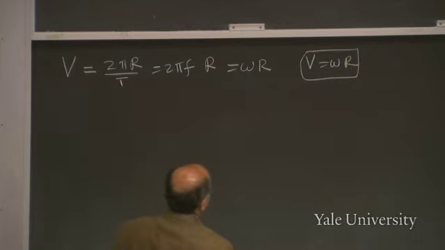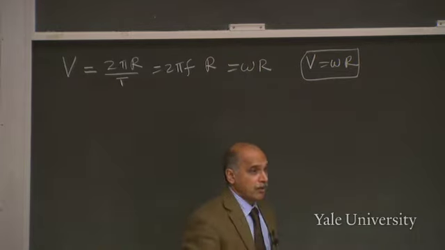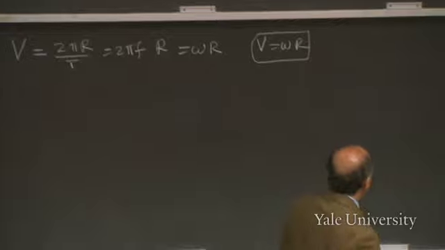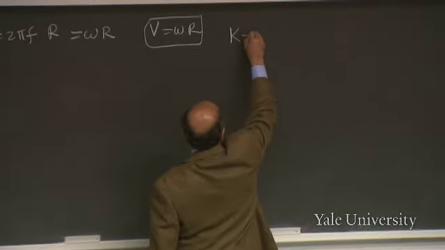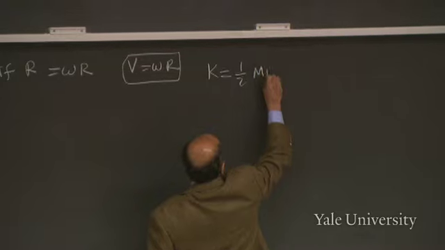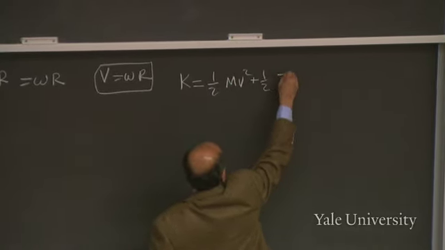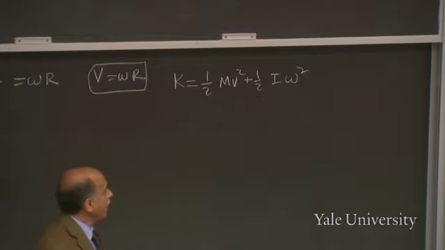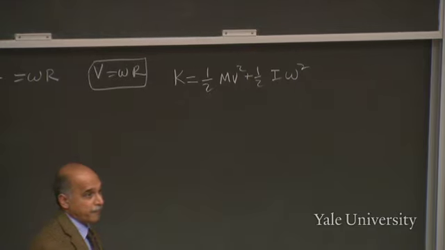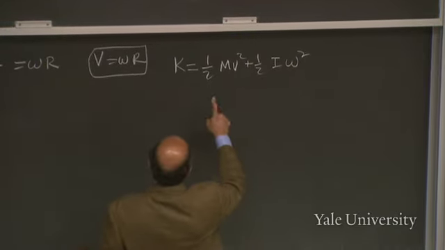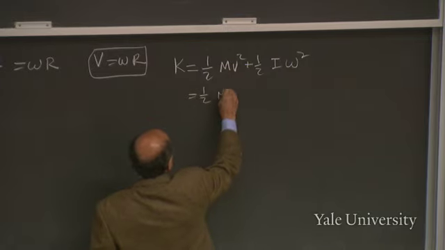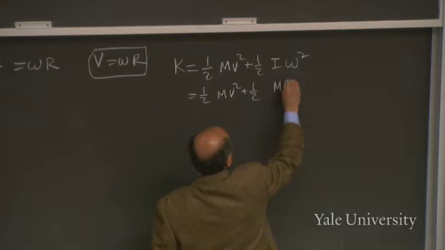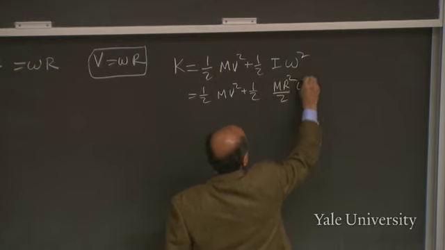Now, in that case, let's find the kinetic energy of an automobile tire that's rolling without slipping. So what do I want to get? The kinetic energy is 1/2 m v squared plus 1/2 I omega squared. That's always true. I is always I relative to center of mass. But now I'm going to use the fact that it is 1/2 m v squared plus 1/2 times (m r squared over 2) times omega squared.